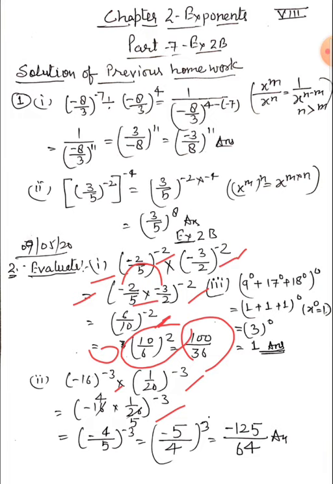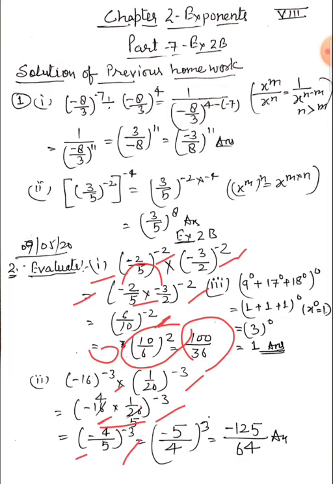So (minus 16 multiplied by 1 upon 20) whole power minus 3. Look here, 16 and 20 are divisible by which number? Divisible by 4. So now we cancel: 4 fours are 16 and 4 fives are 20. Then what is left here? Minus 4 upon 5 raised to the power minus 3.